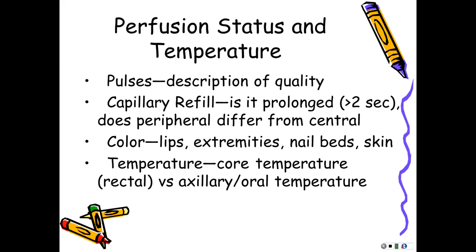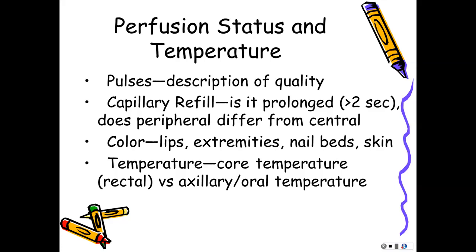I already mentioned at the very beginning of this how important cap refill is and pulses. Remember, you got perfect functioning organs. You're not going to have difficulty finding pulses in small children. Everybody's got 2 to 3 plus pulses. If they're not, that's usually telling you your perfusion is going down. When you check cap refill on children, you do not check nail beds.